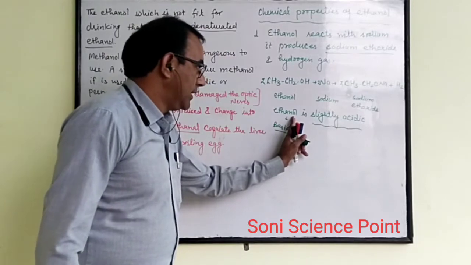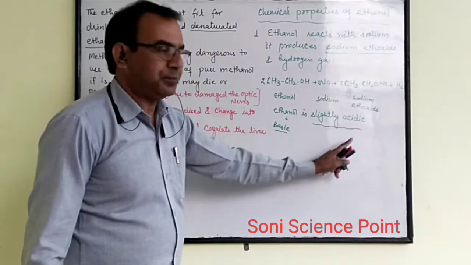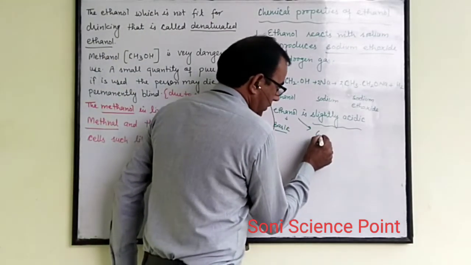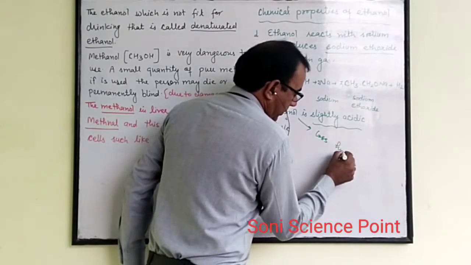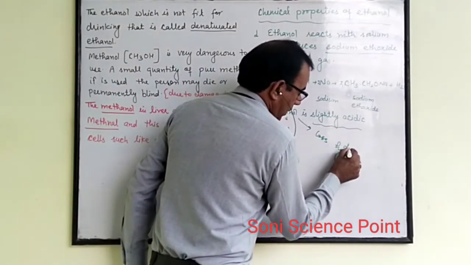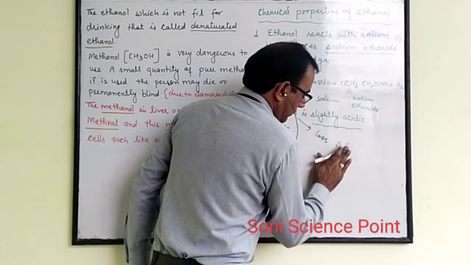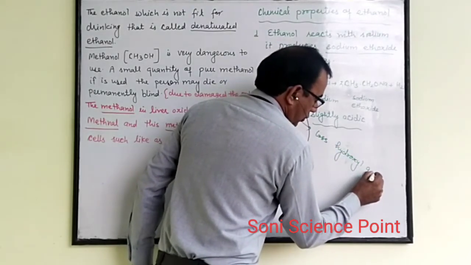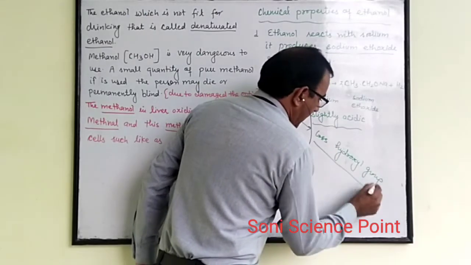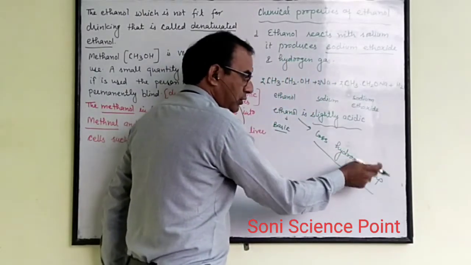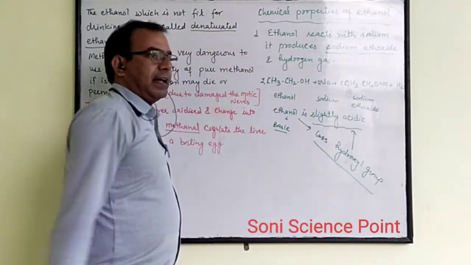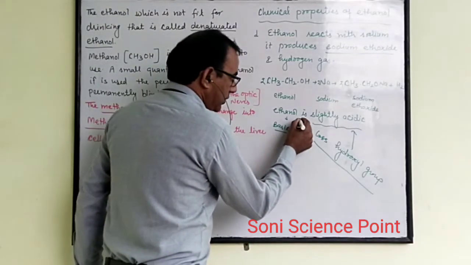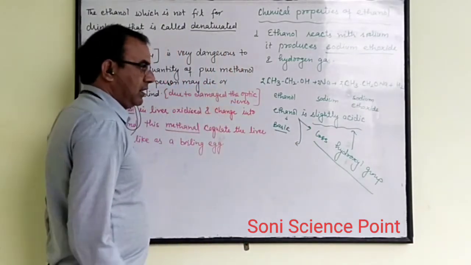Why is ethanol slightly acidic? Ethanol loses a hydroxyl group. On account of this, it is slightly acidic. And how is ethanol slightly basic?